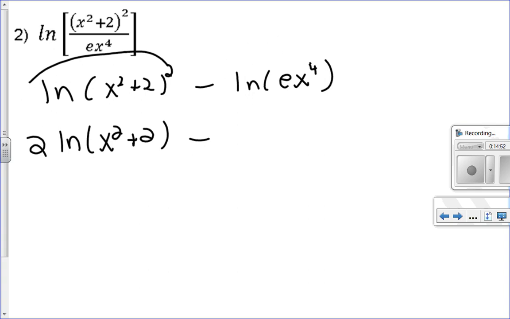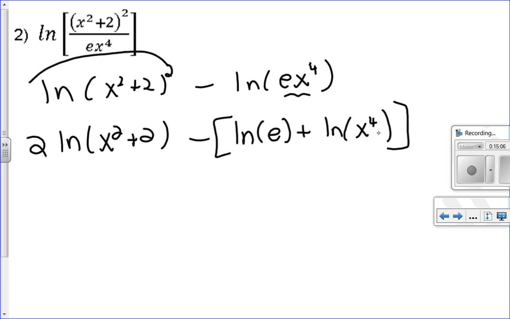So what I need to do is simplify this. When I have arguments that are multiplied, I can simplify them into logs that are added. So this will be ln e plus ln x exponent 4, being careful to put it in brackets because we're subtracting the entire sum. So now you can see this 4 can be brought down because it's just by itself with the x.